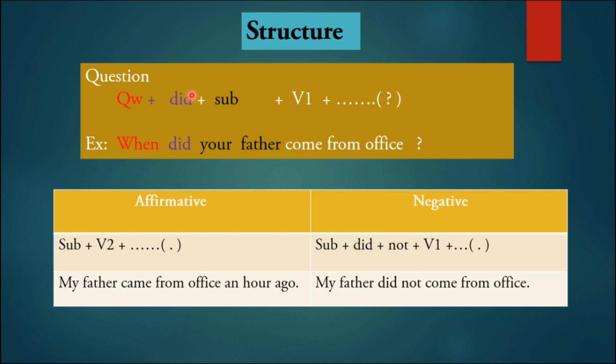In the question structure also, did is used and it is followed by, after the subject, V1. At the same time, when we use did, we use only V1 in that structure. Do not use V2 like a positive sentence. Okay, come back. Subject plus did plus not plus V1 plus dash dash dash full stop. My father did not come from office. Good.